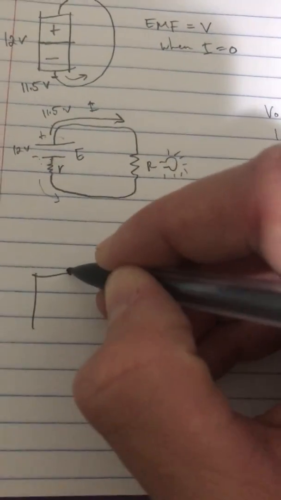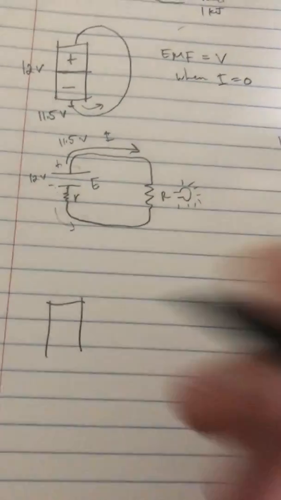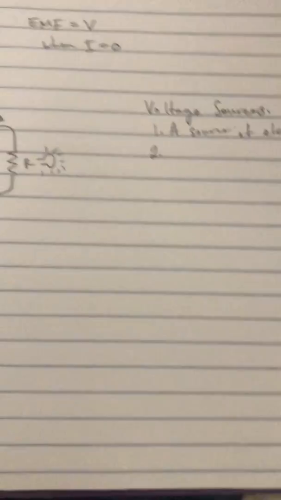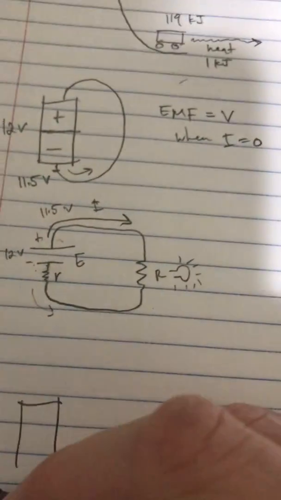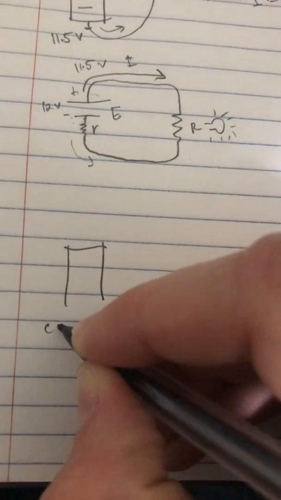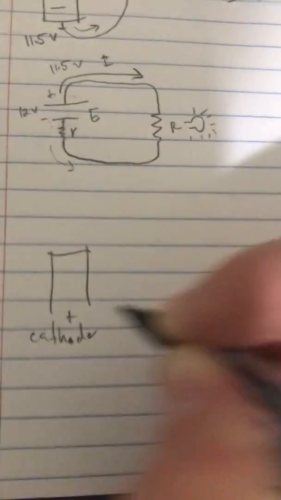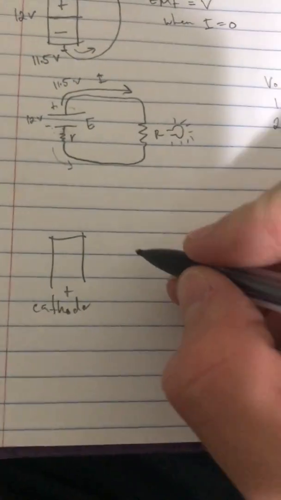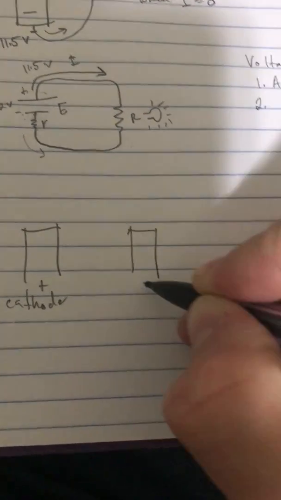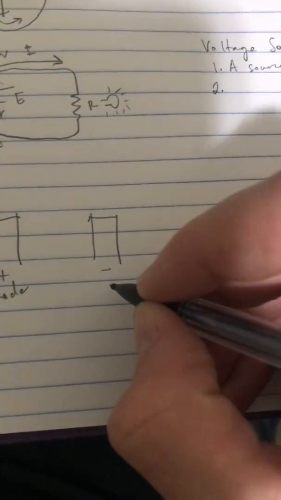I'll draw this really quick. So we're going to say that this is the cathode. And this is the anode. This is the negative end.